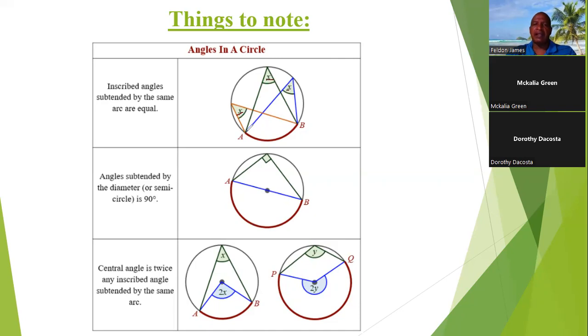If we have angles below the segment, then these would all be in the same segment below and they'll be touching the arc, which is the red arc. And so all of these angles down here would be the same. So if one is Y, the other is Y, and so on. Now this one would be the semicircle one, which you would have seen, right?